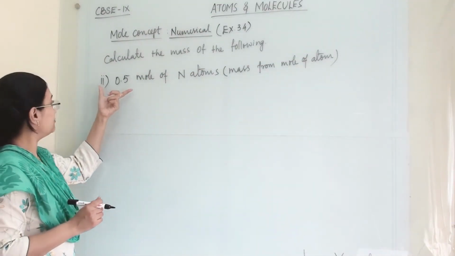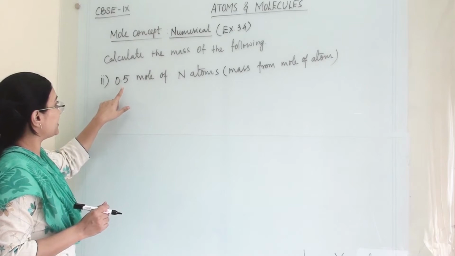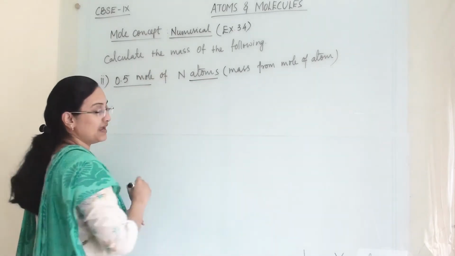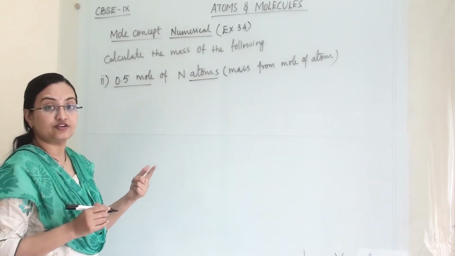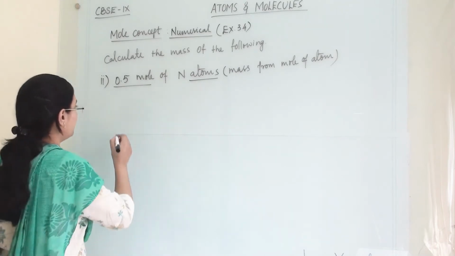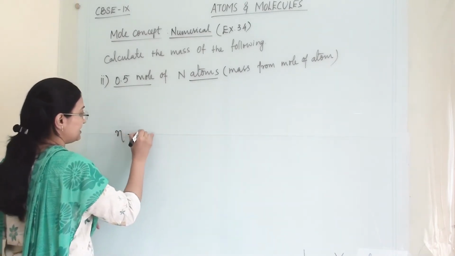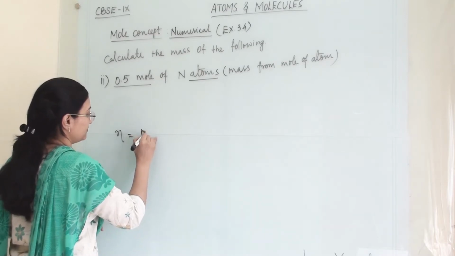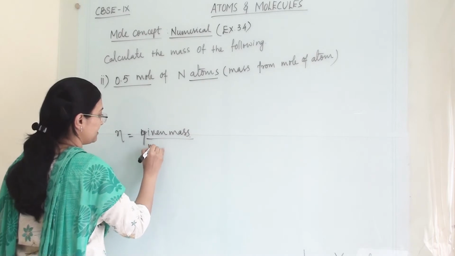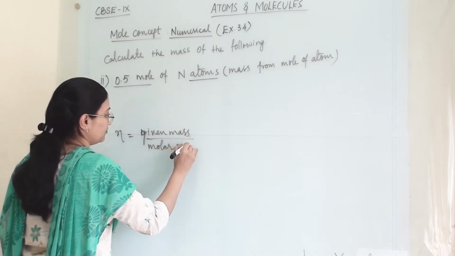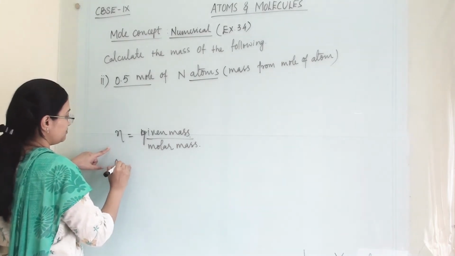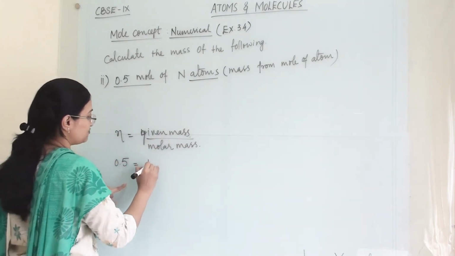In our second subnumerical, we are going to find out mass from 0.5 mole of nitrogen atoms. Earlier it was nitrogen molecule. Now it is nitrogen atom. So formula will remain same. n equals given mass, which we are going to find out, divided by molar mass. So here we know n, that is 0.5. Mass we have to find out.